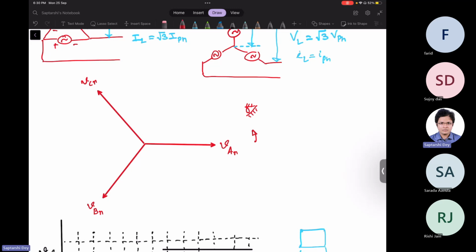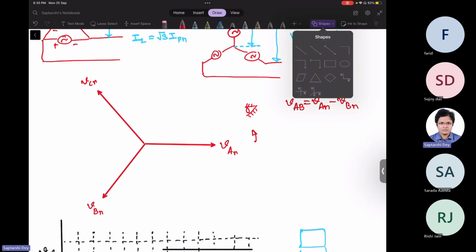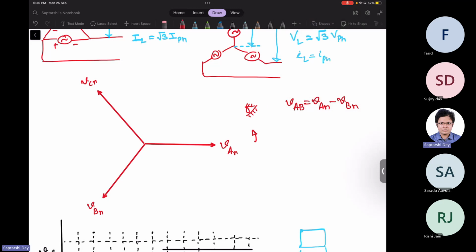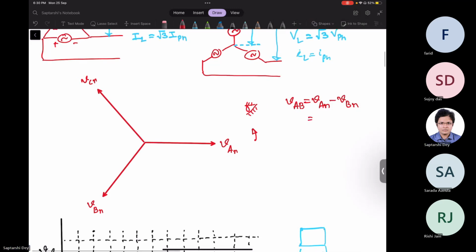Now we are trying to find out line voltage VAB. So what is VAB? By definition, it is VAN minus VBN. So to do that, I have to do it by hand. AN minus BN means AN plus minus BN.